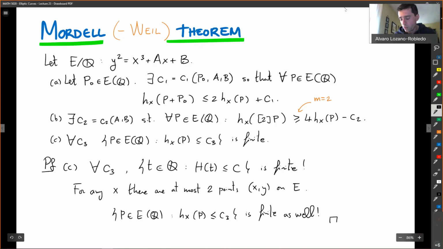Okay, so that proves part C. That's definitely true, and that's just clear from the heights on the rational numbers. So let's prove part A. Let's see if I can actually lasso this part A.